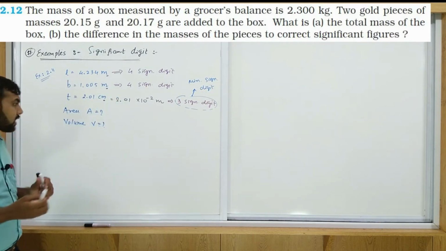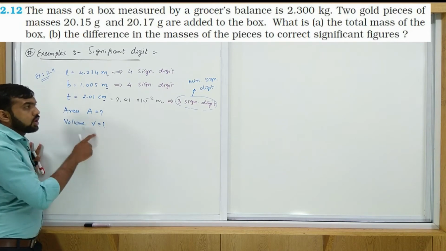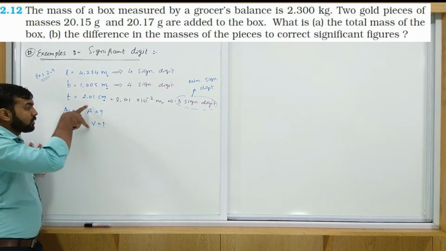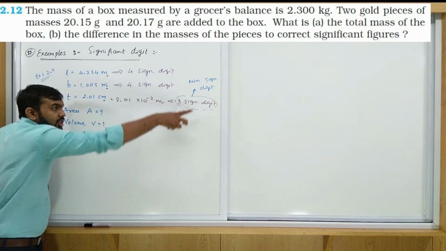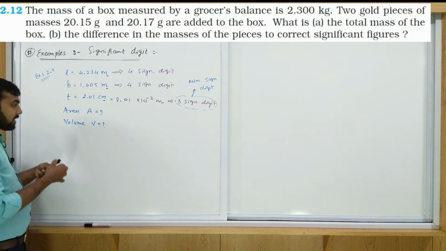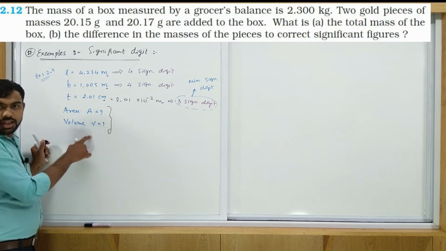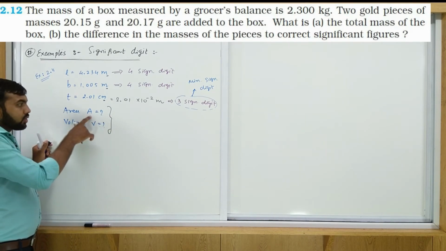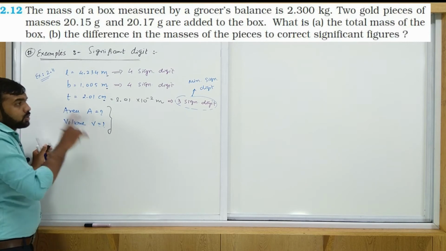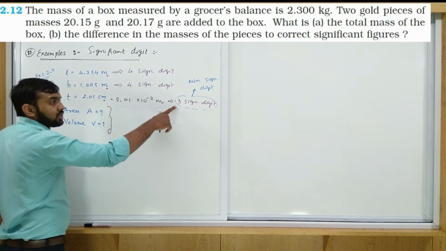This is the minimum significant digit. So whatever answer you get for the area and volume, you round off both values up to 3 significant digits. Whatever you get for area and volume, write the answer up to 3 significant digits.